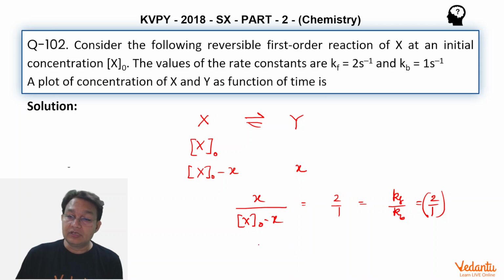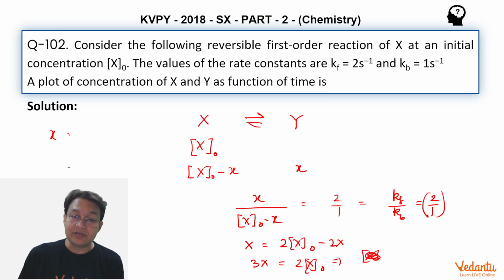which gives you x is equal to twice of X naught minus 2x. That gives you 3x is equal to twice of X naught, and that gives you x, that x at equilibrium should be equal to 2 by 3 X naught.